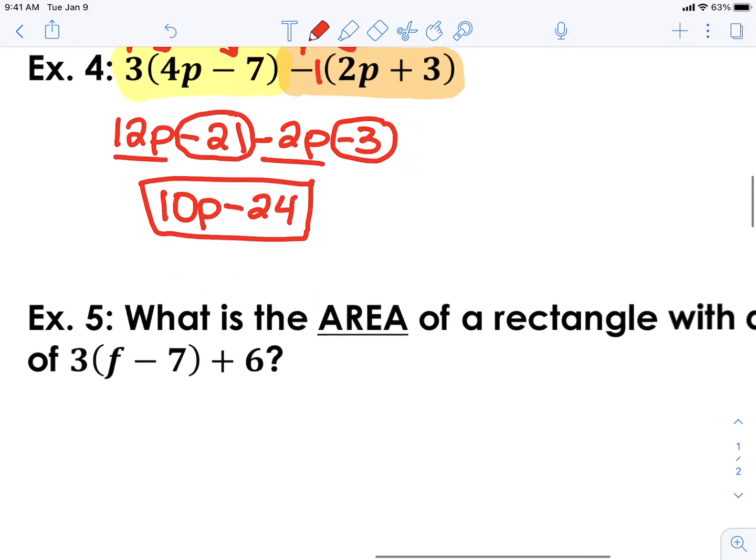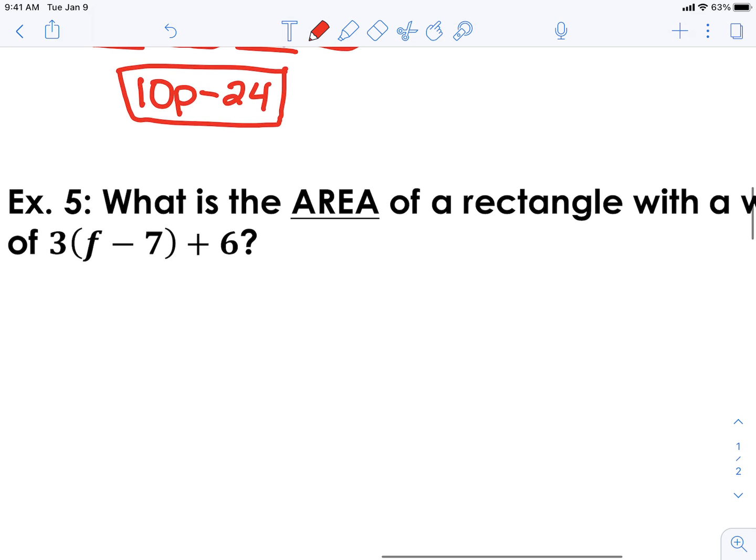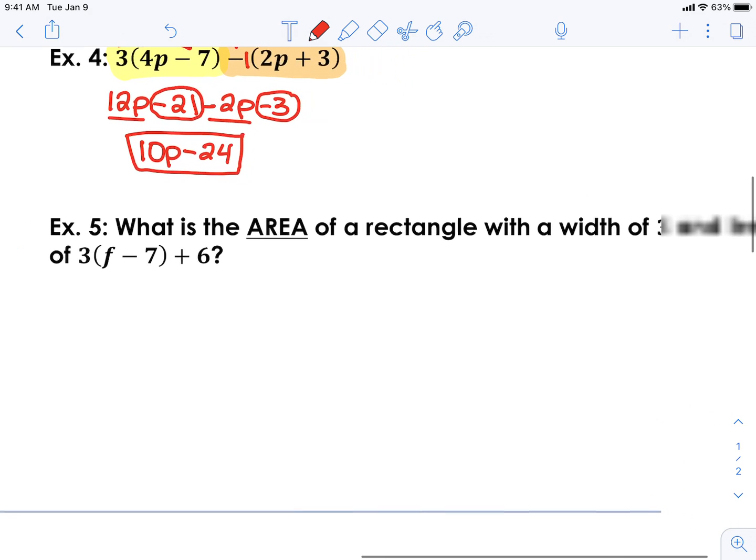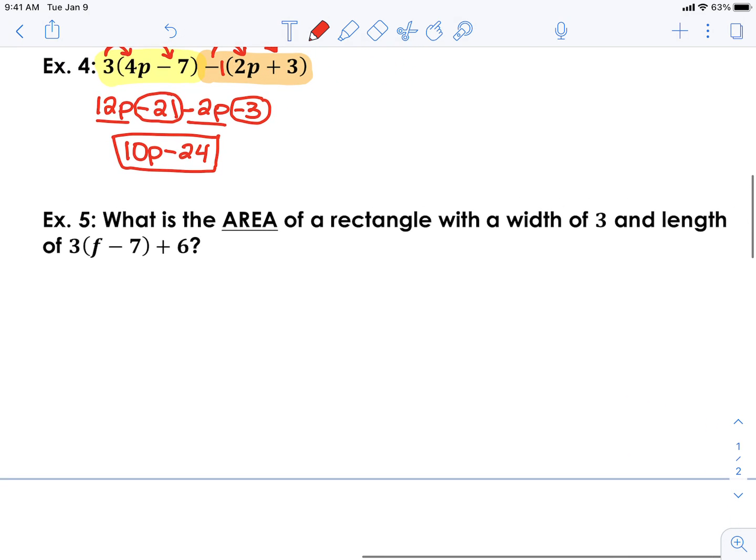Okay, the last example, it says, what is the area of a rectangle with a width of 3 and a length of 3 times f minus 7 plus 6?